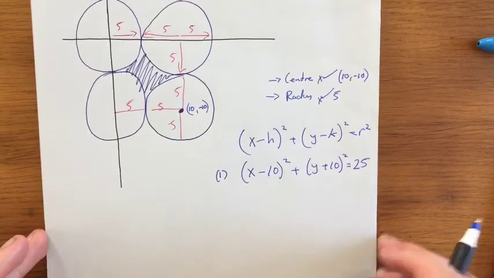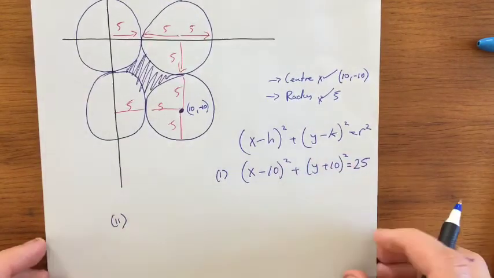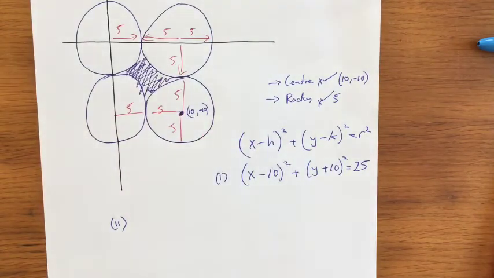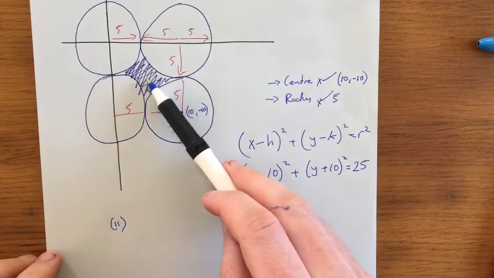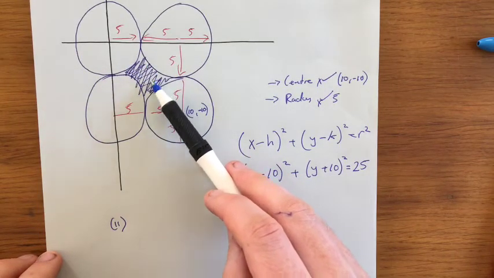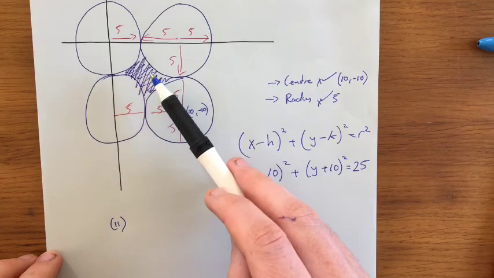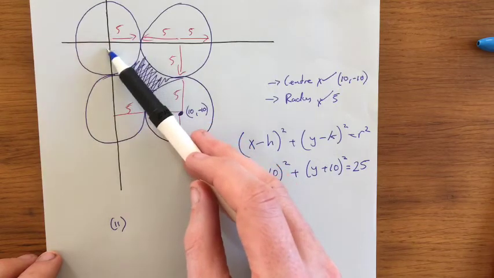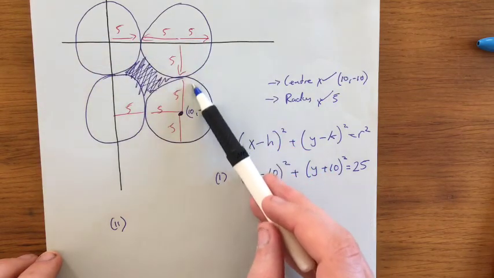The next part, part II, they want you to find the area of this kind of blue region here, which can be a little bit tricky. But if you think about it, this is not a shape. This shape here, there's no formula for the area of this shape. So once again, you just need to be kind of smart about it. What I do notice here is there is a perfect square here.